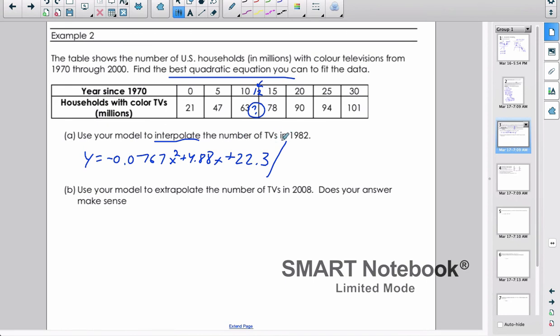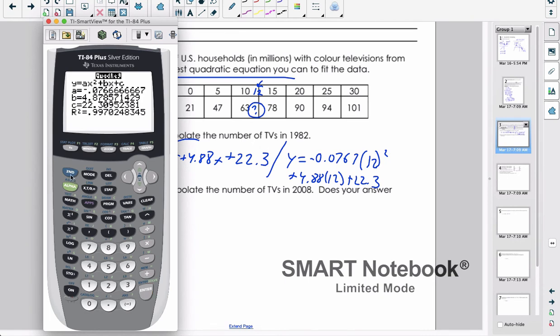And then to figure out how many TVs there are in 1982, you just plug in 12: negative 0.0767 times 12 squared plus 4.88 times 12 plus 22.3.